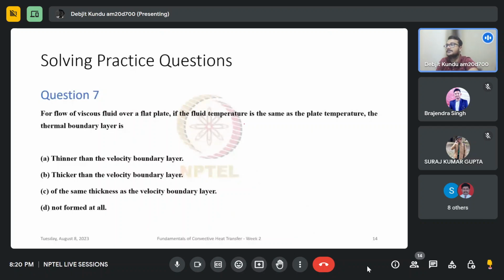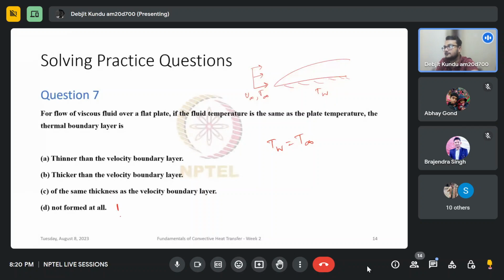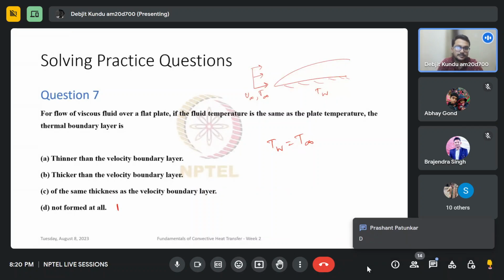So this is the case where T1 is equal to T infinity. So we have one answer in favor of option D, not formed at all. Let's see what others have to say.